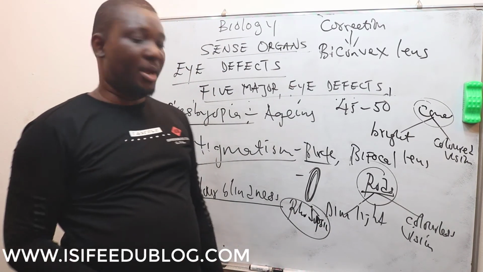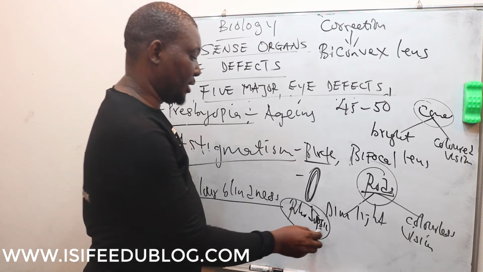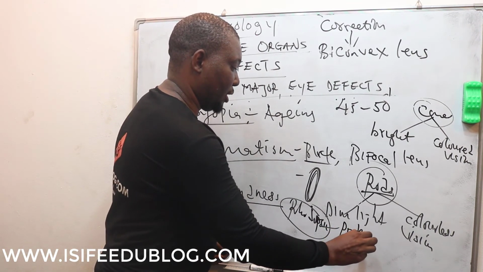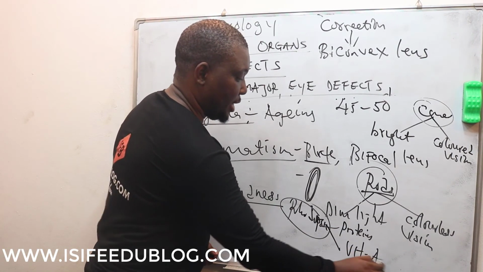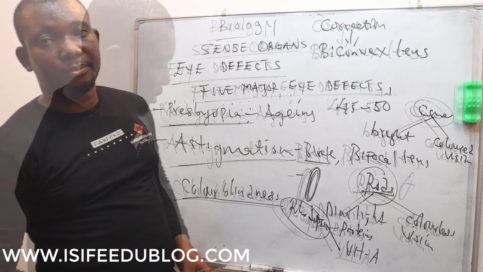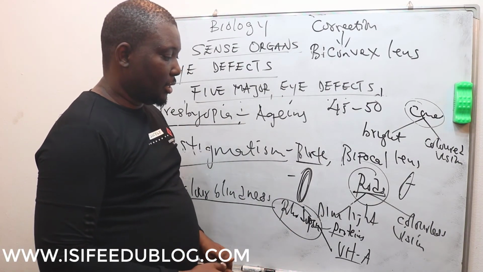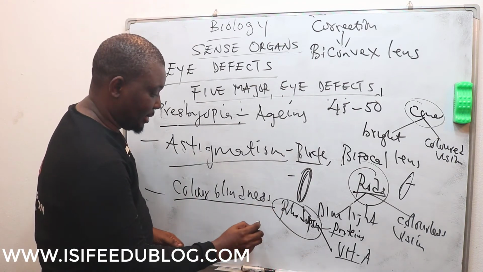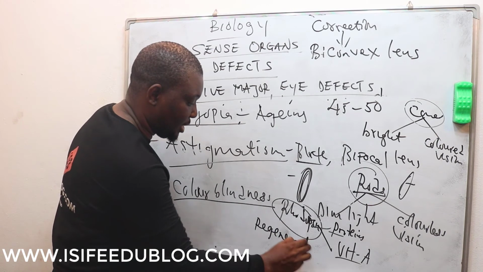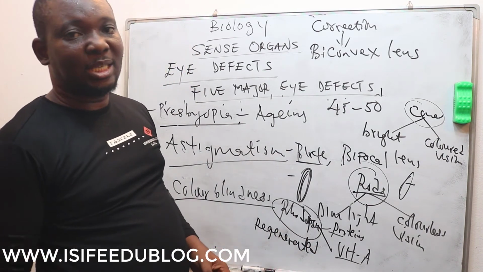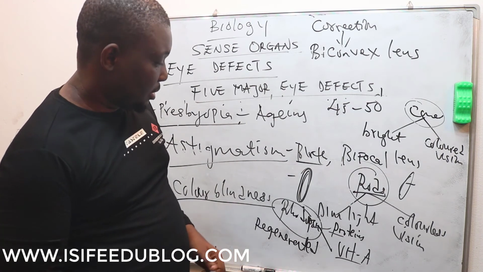The purple pigment rhodopsin comprises proteins and vitamin A, or retinol, the chemical name. The bleached rhodopsin is regenerated the moment the eye is blinked. And that is why you must take note of this.